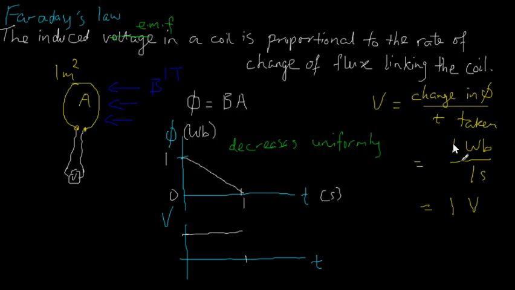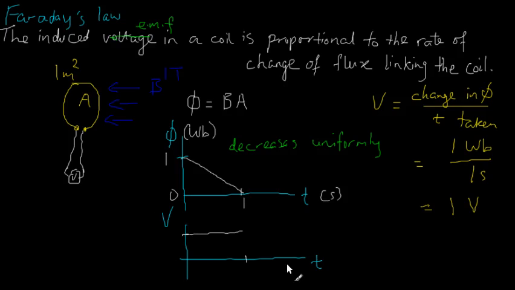And this is the formula from Faraday's law. So we know from Faraday's law that if 1 Weber of flux falls uniformly to 0 in 1 second, then an EMF of exactly 1 volt would be induced.